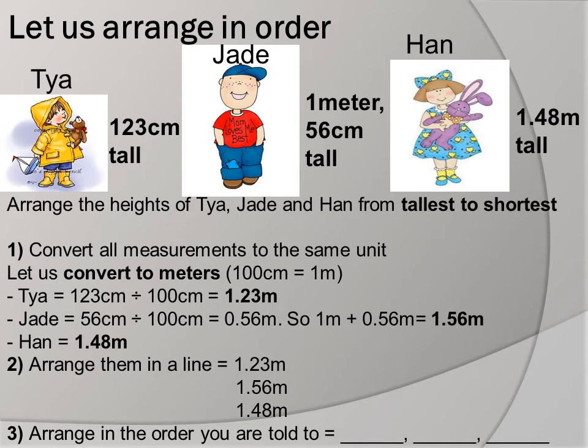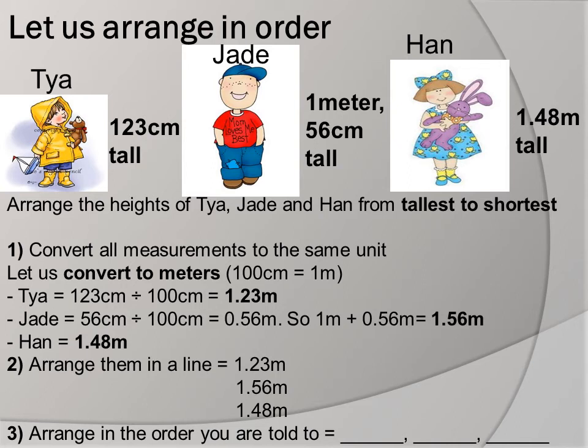1 meter, 56 centimeters. We're converting to meters, so let's not even bother about the 1 meter. It's already in meters. Let's focus on the 56 centimeters and convert it to meters. So 56 centimeters, of course, centimeter is smaller than meter. We will divide. So we divide by the standard unit of measurement for meter and centimeter, which is 100 centimeters makes 1 meter. 56 centimeters divided by 100.